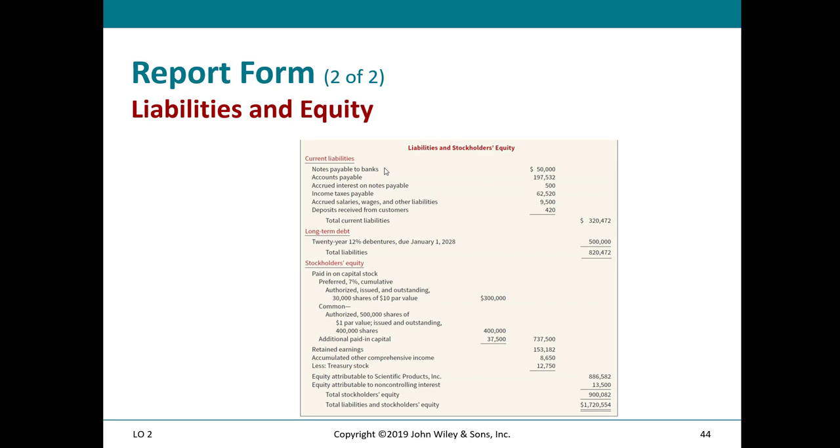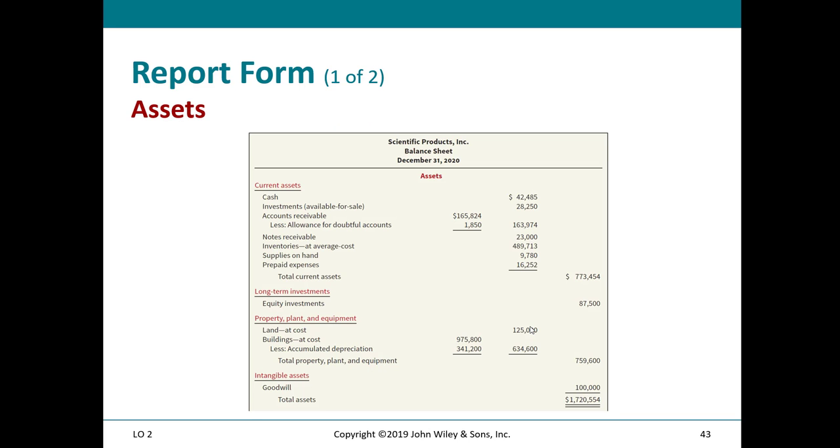On the liability and equity side, we have our current liabilities, our long-term debt, and our stockholders' equity section. And notice that total liabilities and stockholders' equity balance total assets.